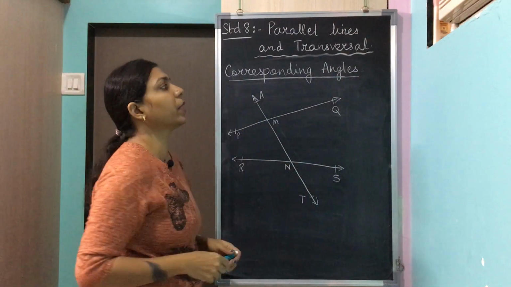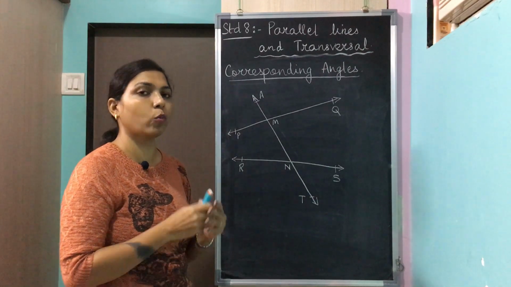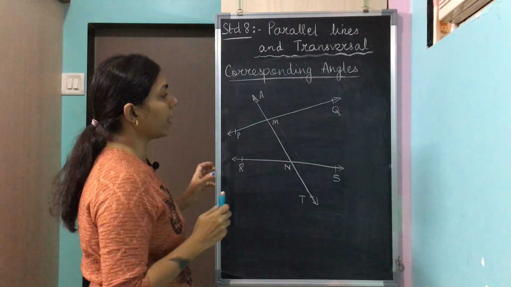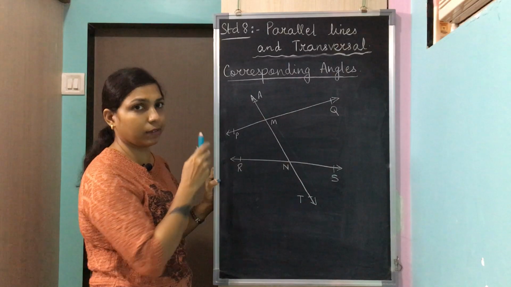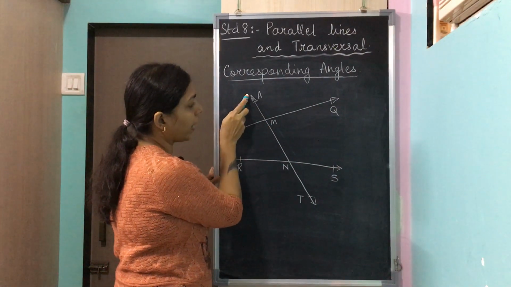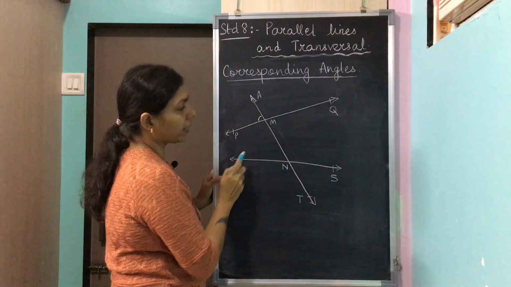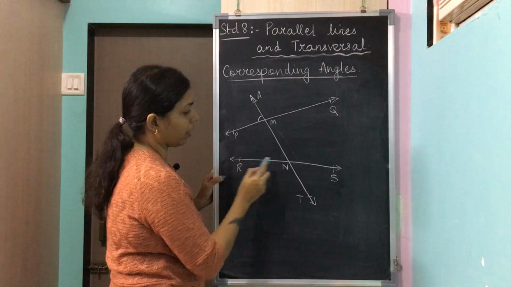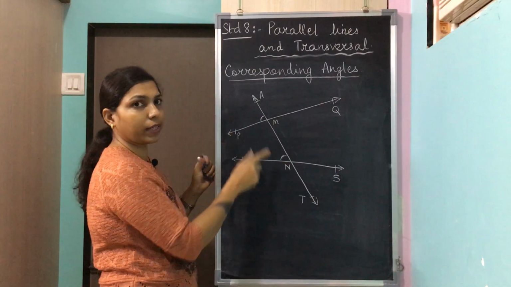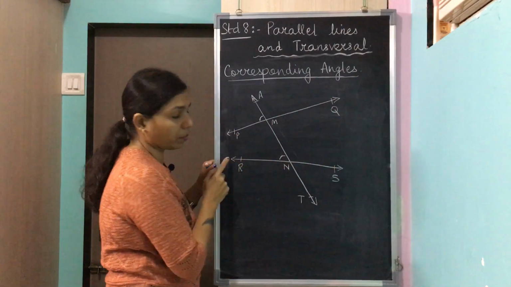The first type is called corresponding angles. Corresponding means which are lying exactly in the same position. So if I have to look at corresponding angles in this diagram, if I look at this angle, angle AMP, and angle MNR, the position of both these angles is the same, both are lying in the same position.